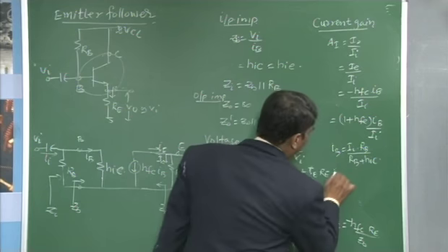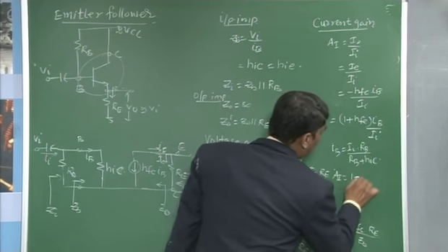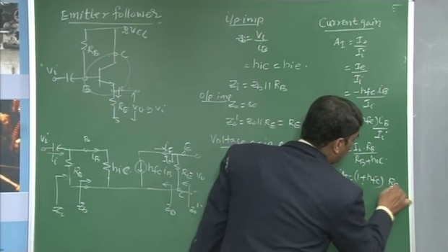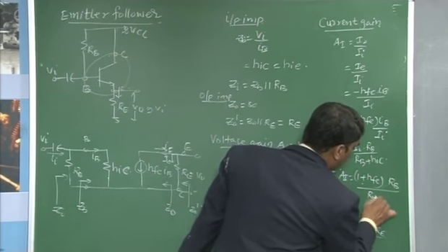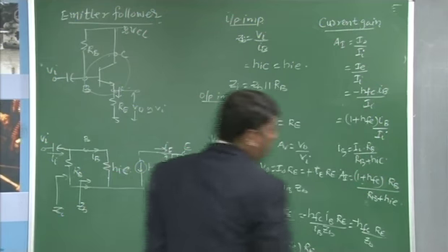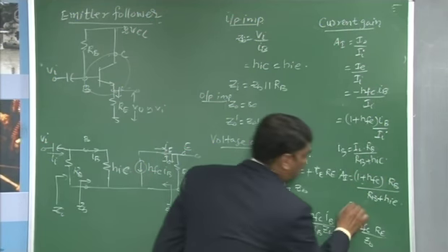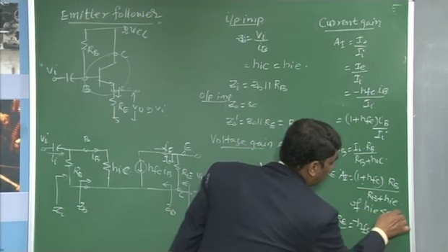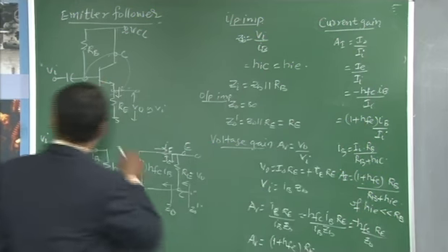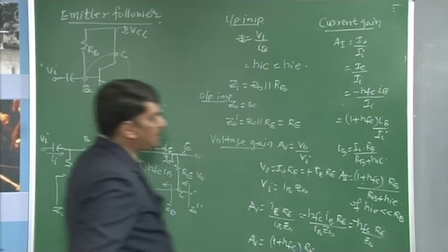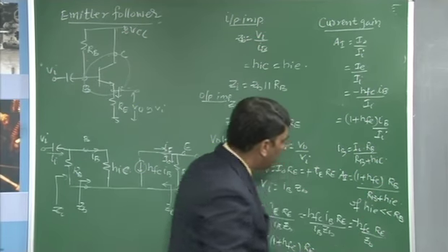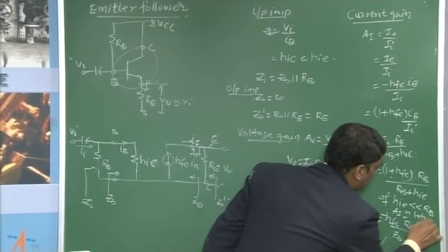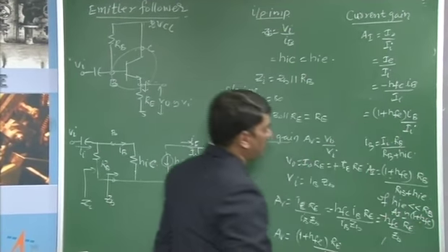Hence, we get the current gain AI equal to 1 plus HFE times RB divided by RB plus HIE. If HIE is much smaller than RB, meaning the RB value is very large, then this denominator is approximately equal to RB, then AI is approximately equal to 1 plus HFE.